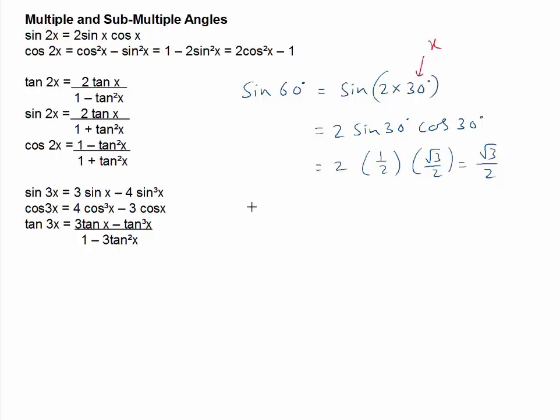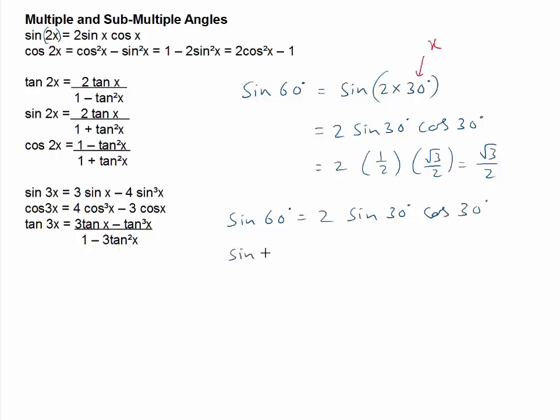Now another way of memorizing this formula is that whichever angle you have here, it gets halved when you are writing it this way. So sine 60 degrees would be equal to 2 times sine of half the angle written here, so that's 30 degrees, and cos of half the angle written here, so that's again 30 degrees.